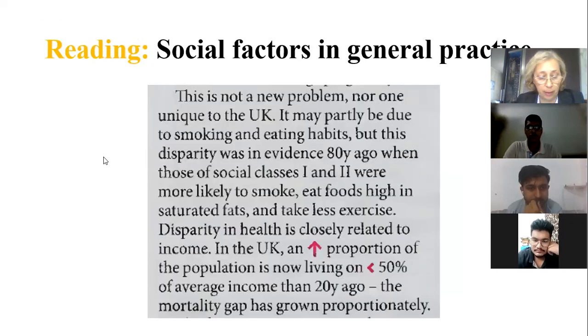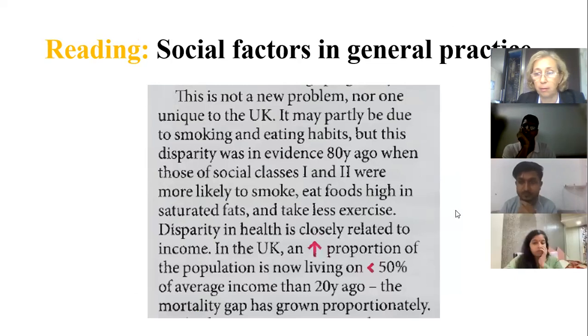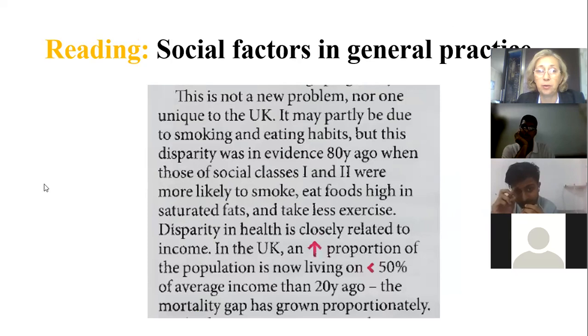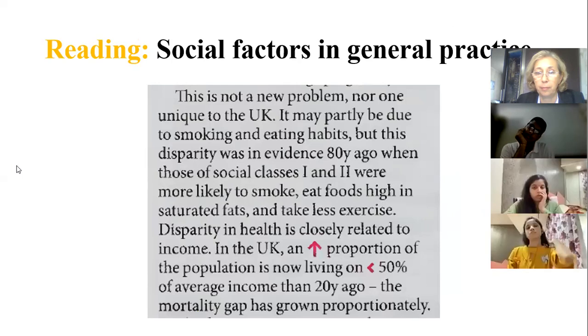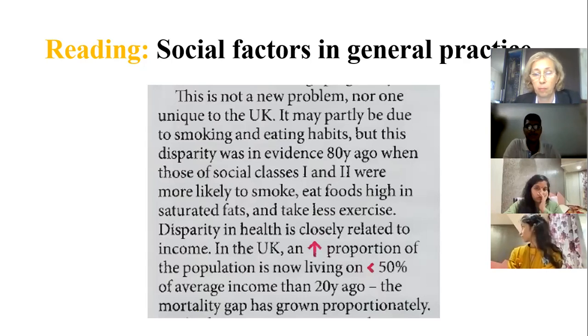If we move to the next slide, Sayonika, have you joined us? Yes, ma'am. So please read this paragraph. This is not a new problem, nor one unique to the UK. It may partially be due to smoking and eating habits, but this disparity was in evidence 8 years ago when those of social classes 1 and 2 were more likely to smoke, eat foods high in saturated fats, and take less exercise.